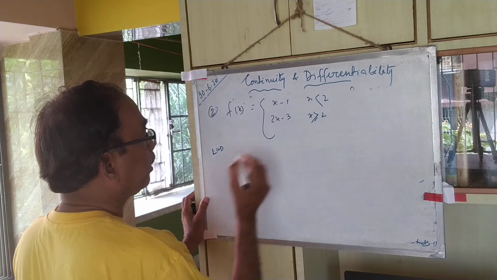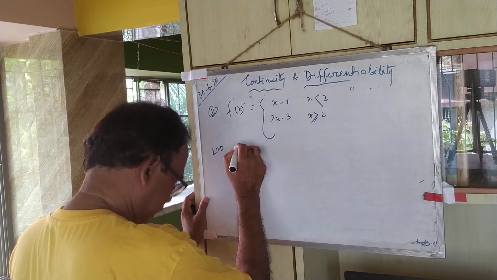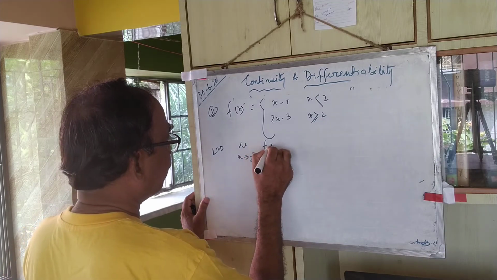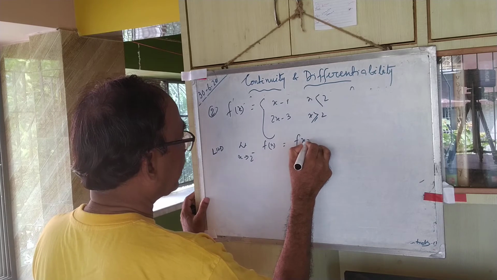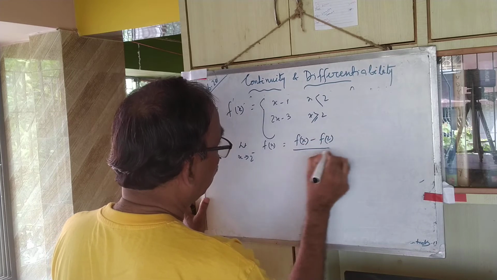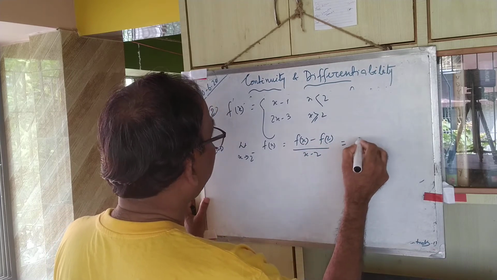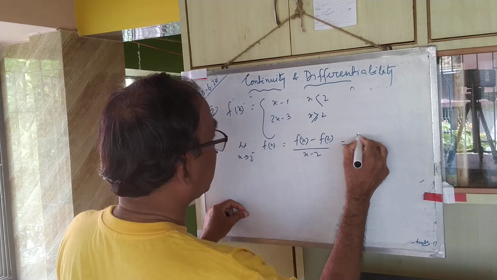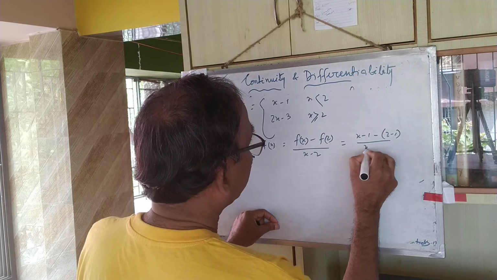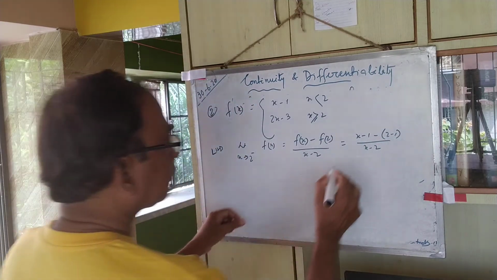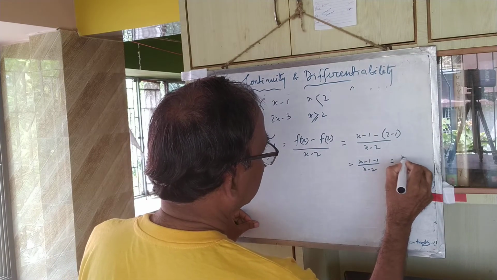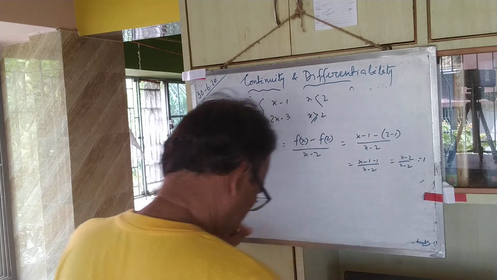Left hand derivative, the limit as x tends to 2 negative of (f(x) minus f(2)) over (x minus 2). We take f(x) as x minus 1 and f(2) as 2 minus 1, over x minus 2, that is x minus 1 by x minus 2, that is x minus 2 by x minus 2, that is 1.